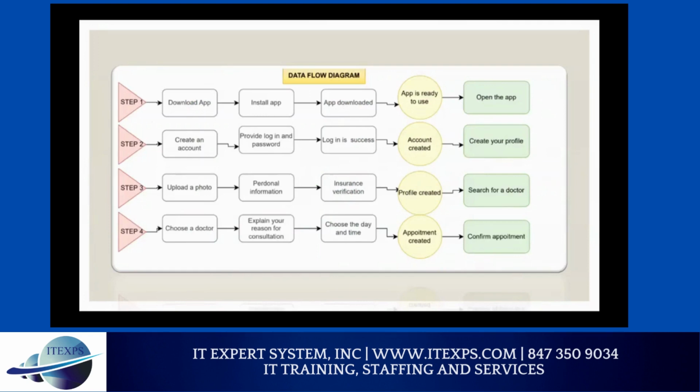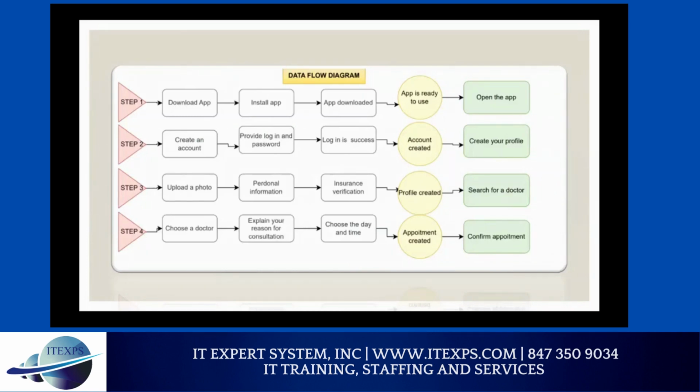This diagram is a way of representing the flow of data through a process or a system. Step by step: step one, download the app, install the app, then the app is loaded and ready to use. Open the app, then create an account, provide login and password.